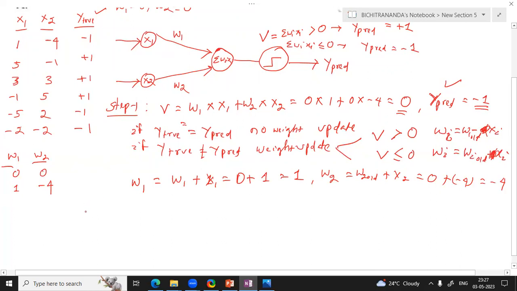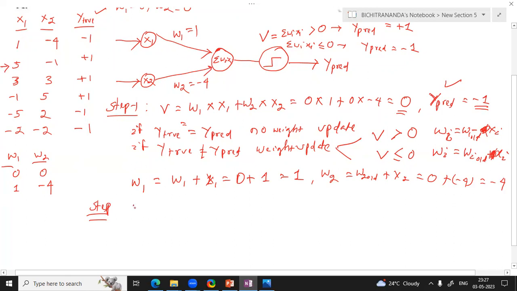Now let's go to step 2. For step 2, w1 is now 1 and w2 is equal to minus 4. In iteration 2, I'm going to take this input: x1 equal to 5 and x2 equal to minus 1. Now do the operation.